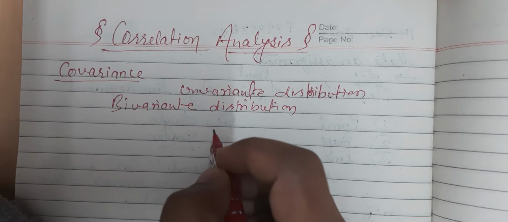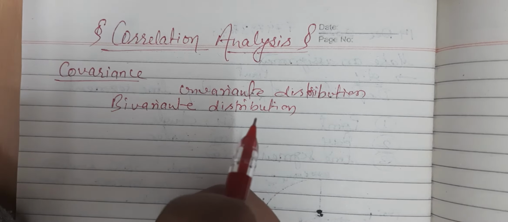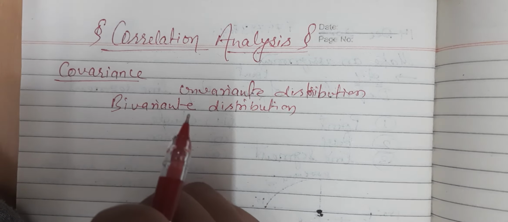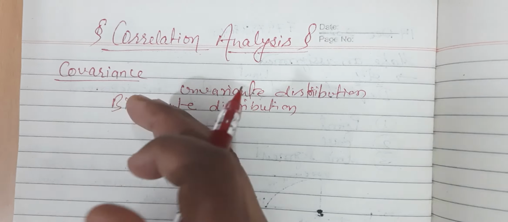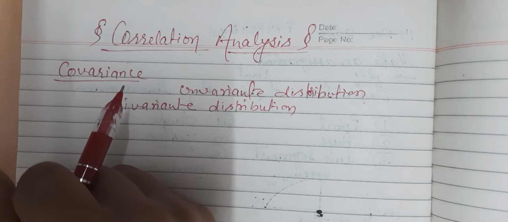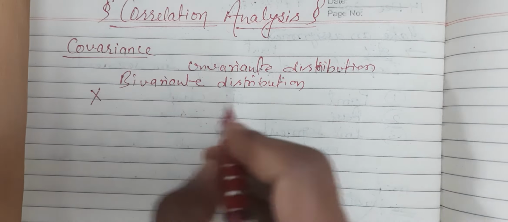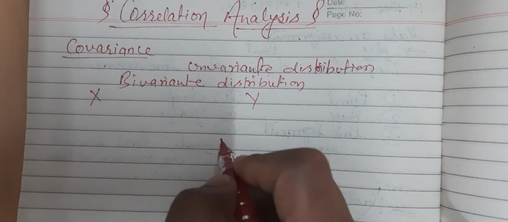One more example: income and expenditure of a group of families. Here income is the first variable and expenditure the second variable. Again, price and demand. So we assume one variable as x and another as y.